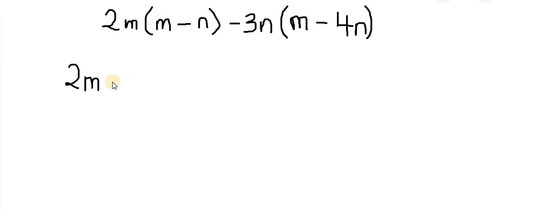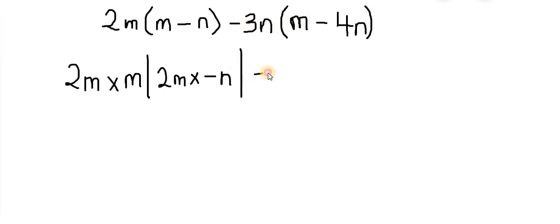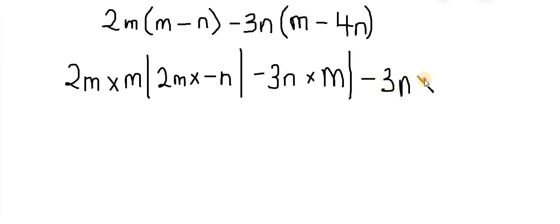So 2m times m and then 2m times minus n and then we move on, minus 3n times m, and finally minus 3n times minus 4n.